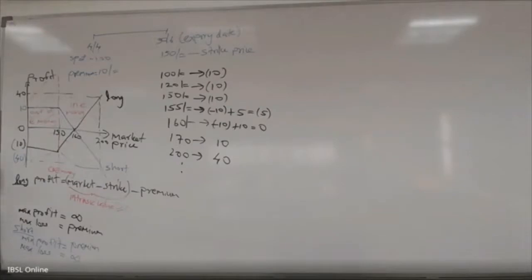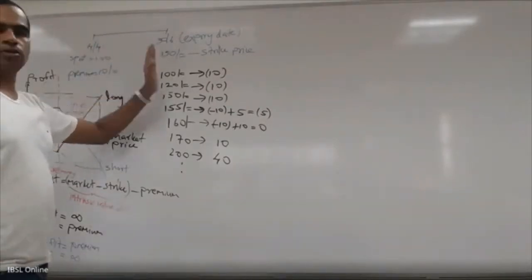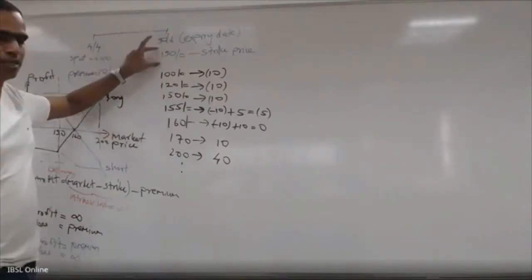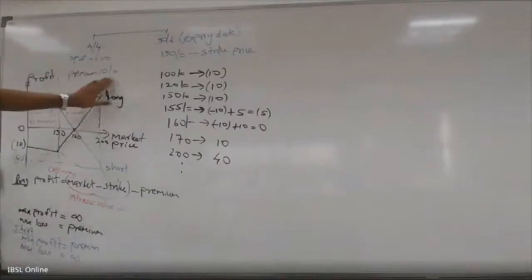If you look at this product, it gives you the right, without an obligation, to buy mangoes on 30th June from me at a price of 150. And you're paying a premium of 10.